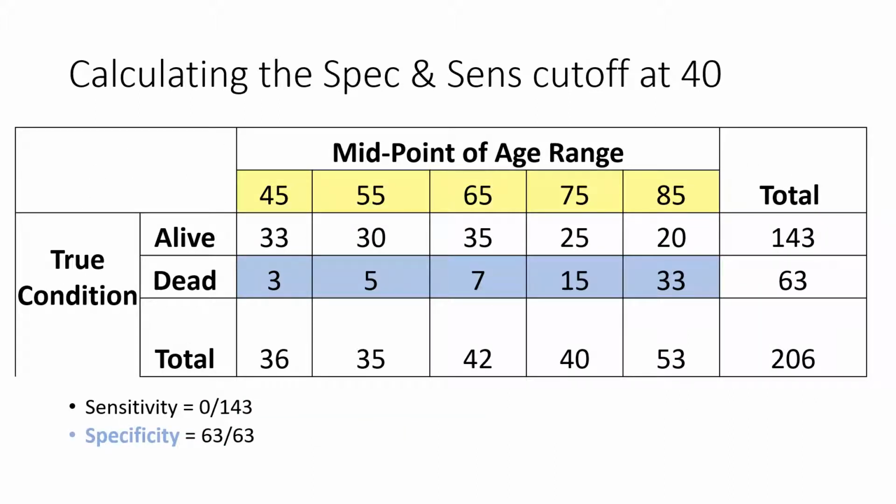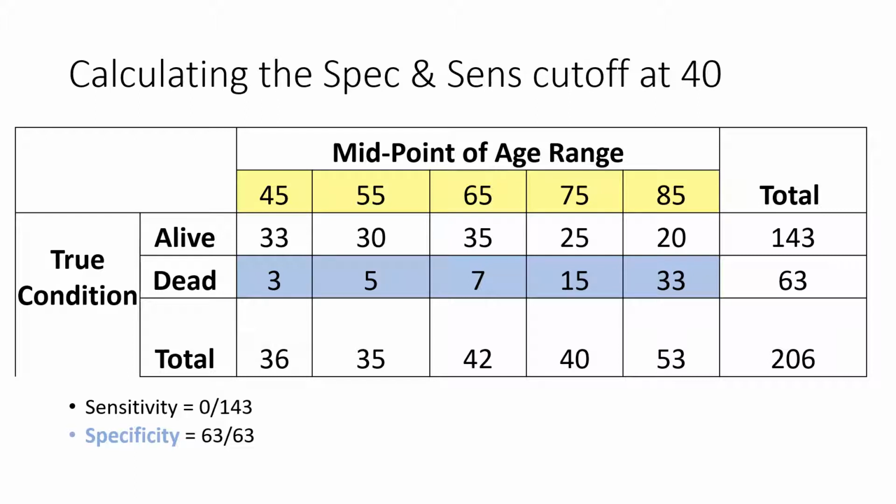Just reiterating what I said in the previous slide, we calculated the specificity and sensitivity of our values at a cutoff of 40. Our sensitivity in this case is us looking at the patients in the alive column. Because our cutoff is 40, we do not reach any level in the age range. We don't reach up to 45.